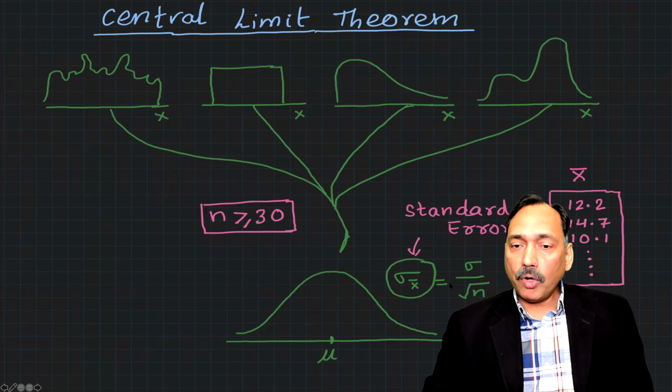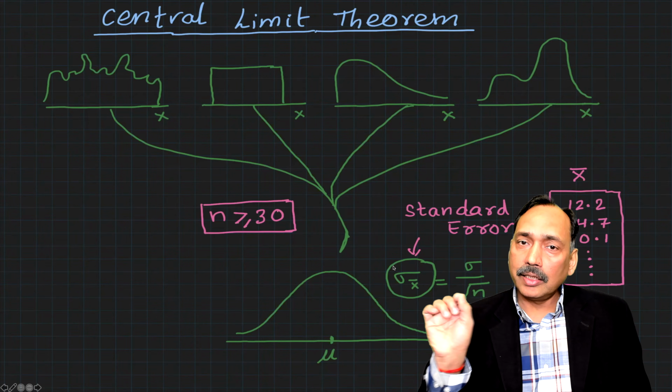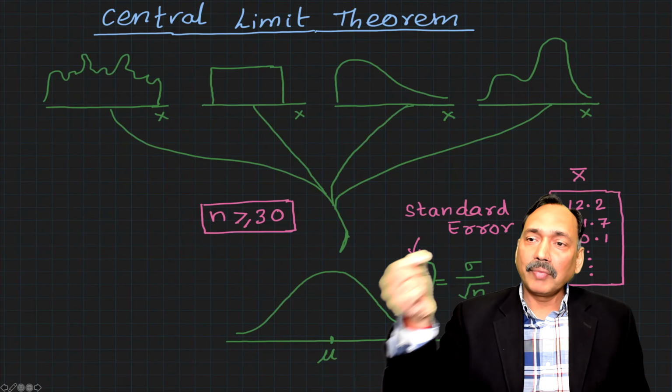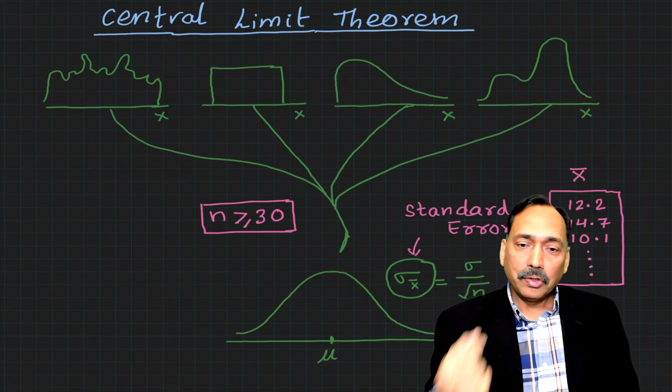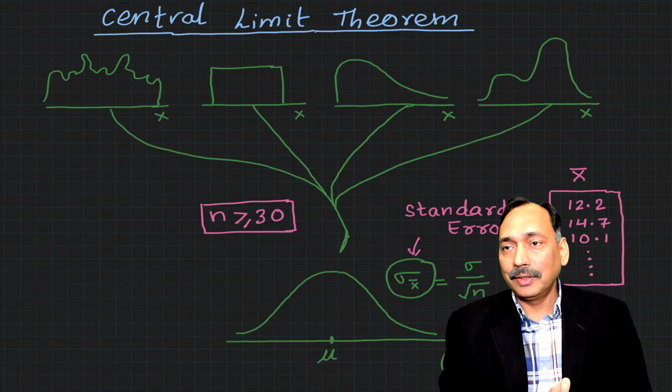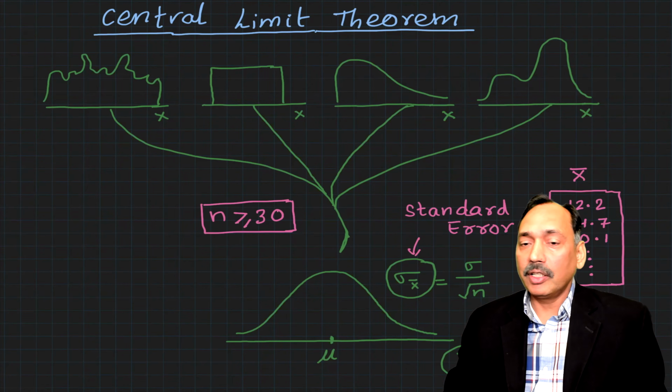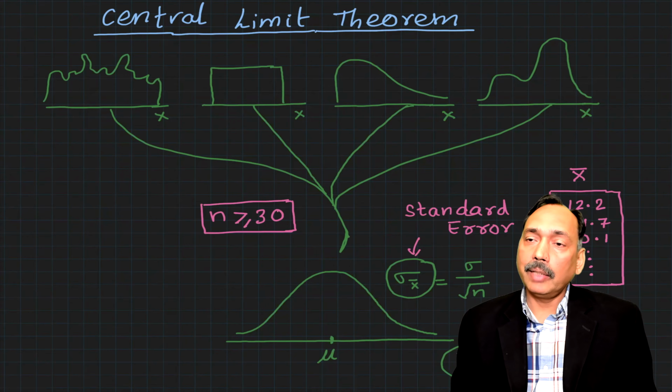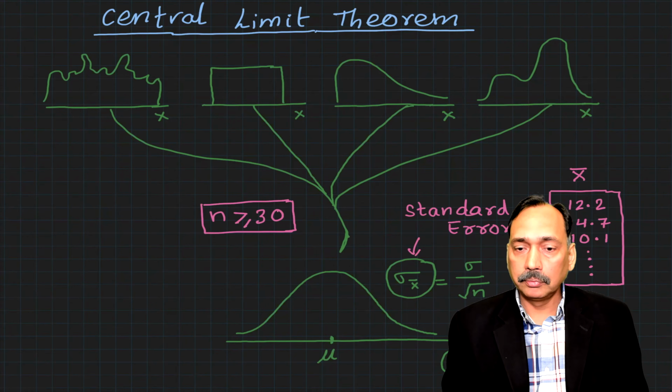You can represent this by sigma of x bar just to differentiate that this is not for x but for x bar. Sigma of x bar is called standard error, not standard deviation, because sigma is standard deviation, but sigma of x bar is standard error.